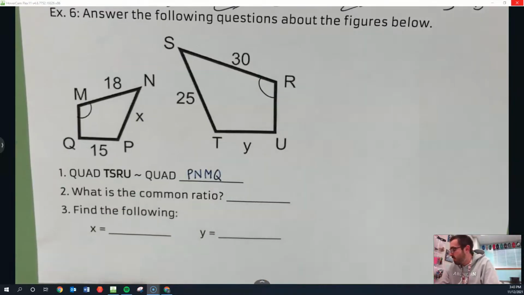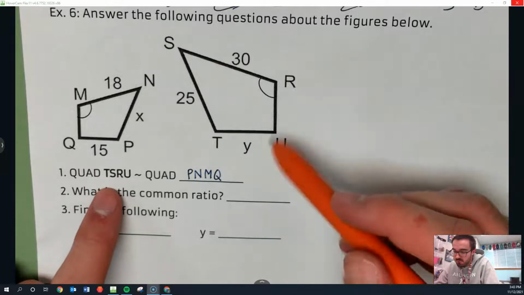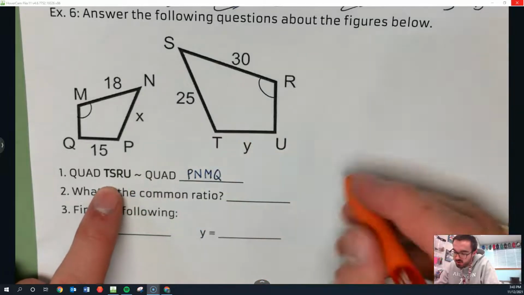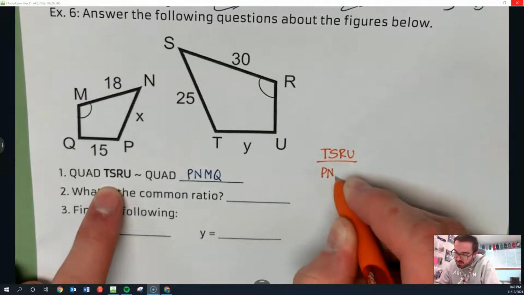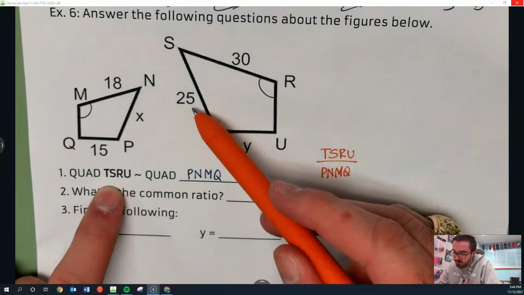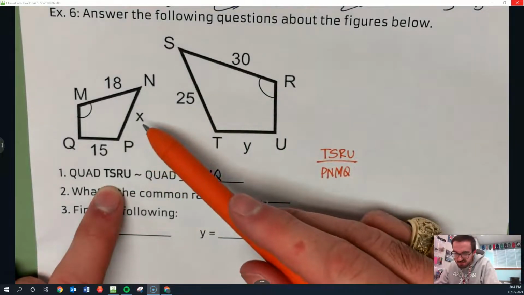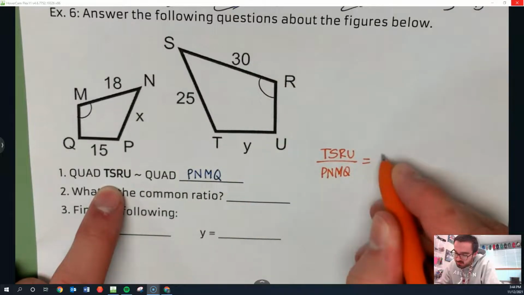Let's talk about common ratio. So the common ratio here, you need 2 numbers. If we're going from TSRU to PNMQ, that's our ratio, so we need to make sure we're consistent. What's the number over here? What about 25? 25 and X? Not helpful. What about Y? No. 30 over 18.